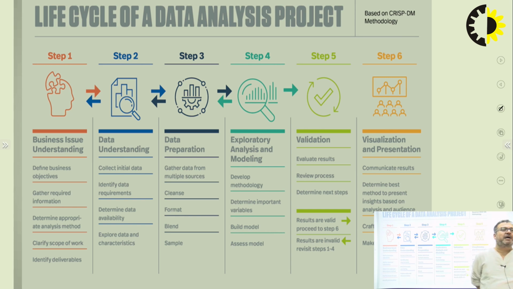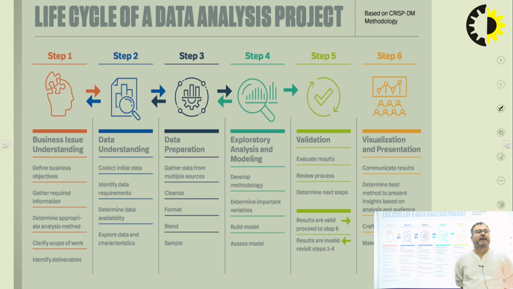So, these are the basic steps in business issue understanding. One is define business objective, then gather required information, then define the appropriate analysis method, which method we are going to apply depending on the type of data. Then clarify scope of work, then identify deliverable.